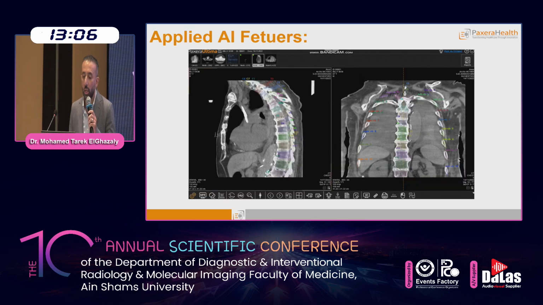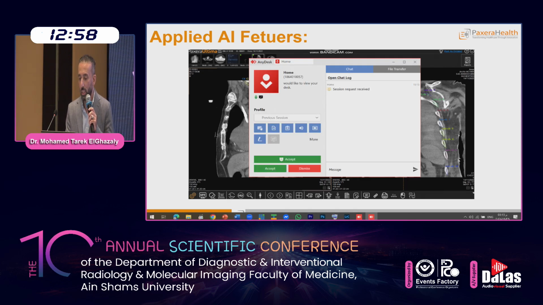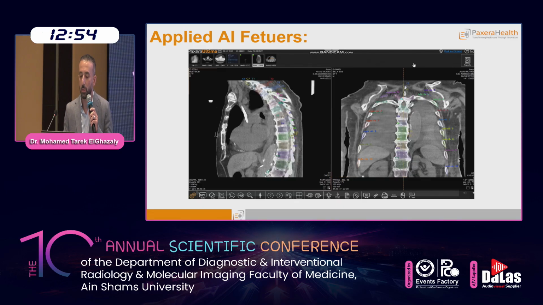First of all, if I have axial, coronal and sagittal planes, for example in CT. Okay. Before, I was putting a marker; now I will put a counting way to find the vertebra and the spine labeling, the rib detection.